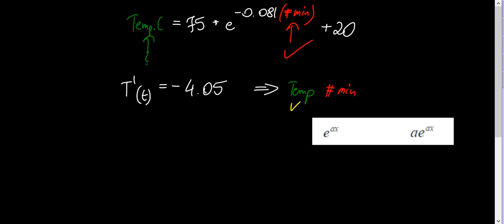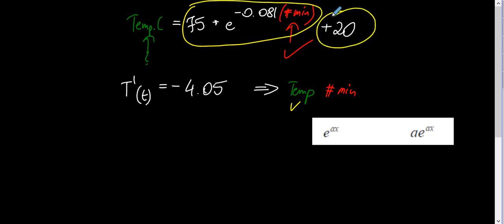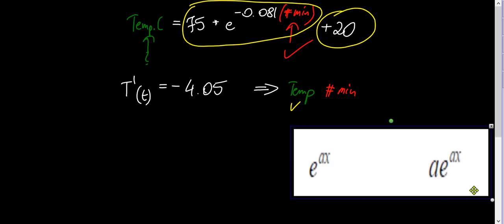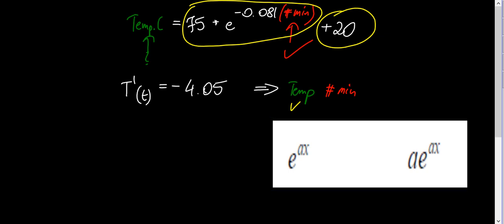We know that we are deriving each term, so that's one term we are deriving, that's the second term we are deriving. So let's make that bigger so that we can apply. So we have 75. What's going to happen with that 75 that is here is going to cross over. I'm going to have 75, then I have e, then I have that number that stands beside the variable, minus 0.081, and that will be t here, and I'm going to have minus 0.081 here.